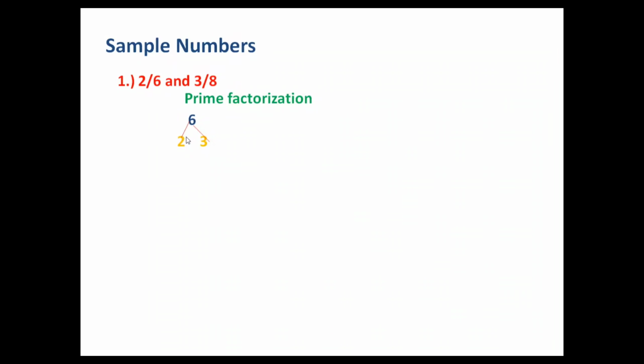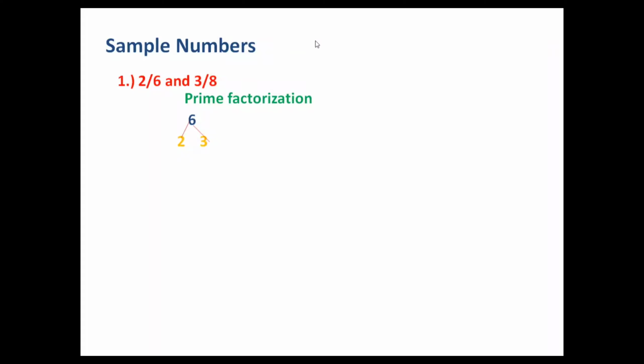How do we know that this is a prime factor already? For example, this 2. A prime number has factors that are 1 and itself.